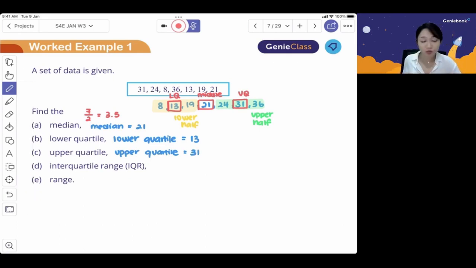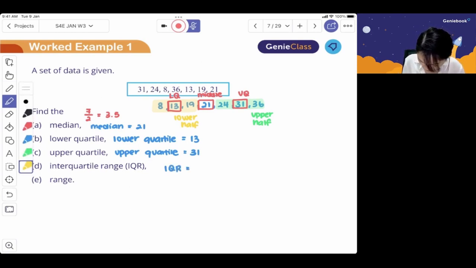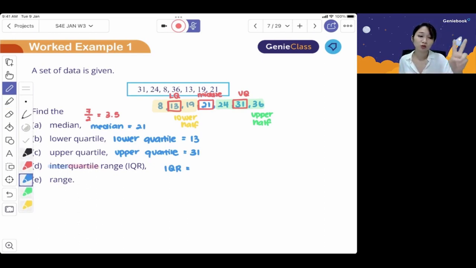Now how do we find the interquartile range? So remember, the word inter means in between. So in between our quartiles. We have two quartiles, one lower quartile, one upper quartile. So how do we find the value in between these two?